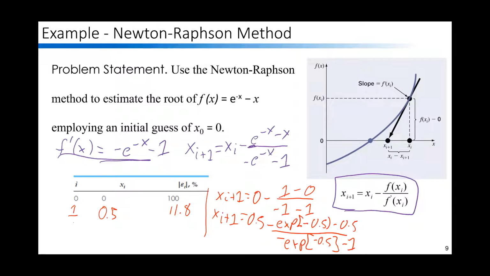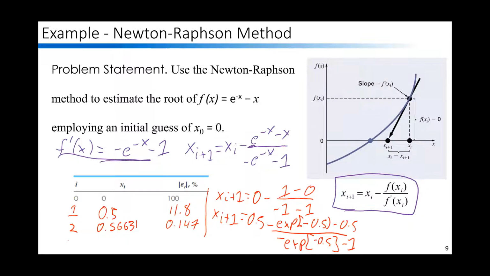When you do this out, we end up with 0.56631, which gives us a true error of 0.147%. So you can see at 2 iterations, we're already very, very close.